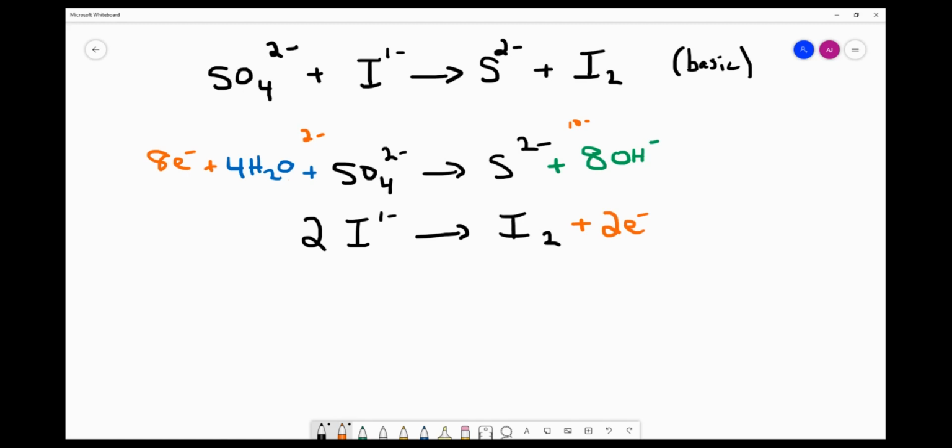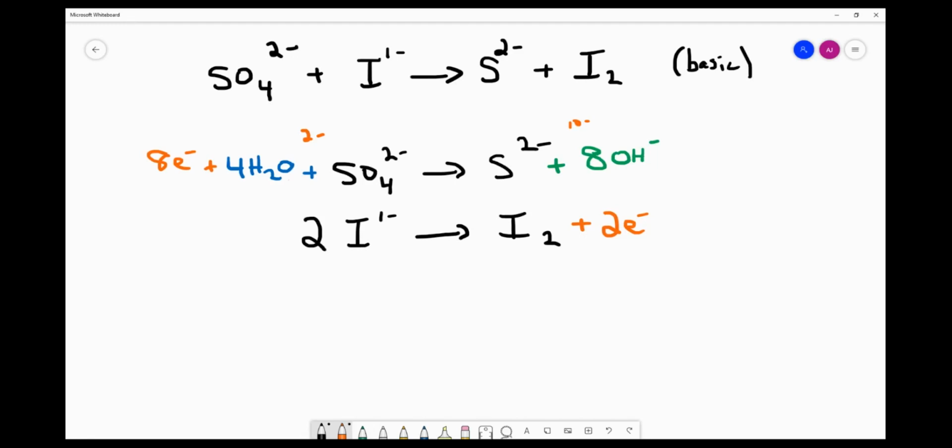This is a good point to check to see whether you've made a mistake. When adding electrons, if you find yourself adding electrons to the same side of the equation in both half cells, you've made a mistake earlier on. In one half cell, they should appear as a reactant. In the other half cell, they should appear as a product.